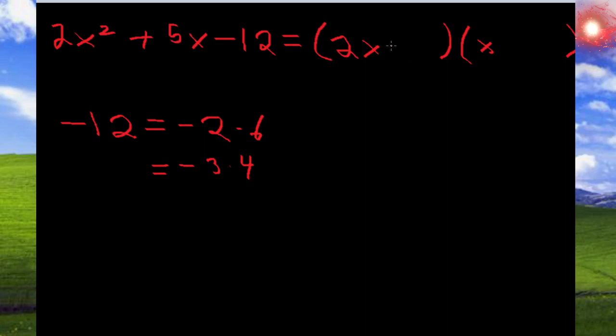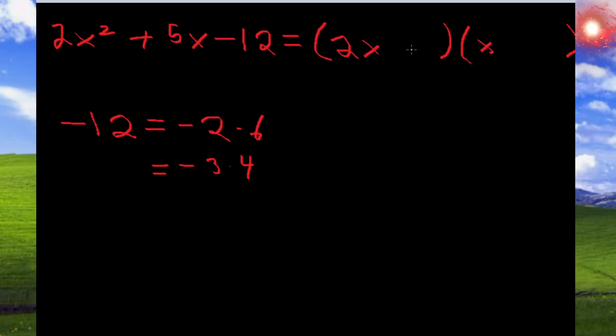And this one, 2x plus 3 times x minus 4: we get 2x times negative 4, which is negative 8x, and then 3x, so we end up with negative 5x. So that one, we have the right numbers, we just have the sign wrong.